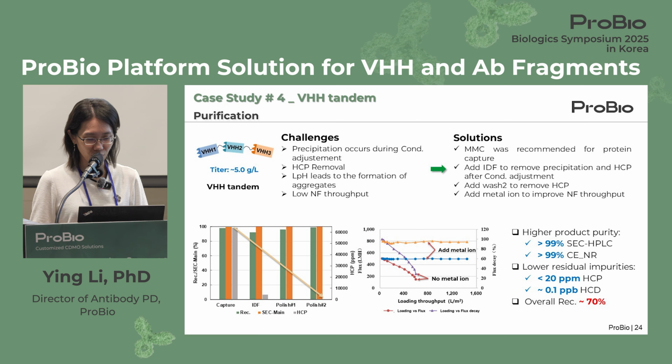As you can see, before adding this additive, the nanofiltration throughput dropped very fast through the experiment, and after adding the metal ion, we successfully maintained much higher throughput for the nanofiltration.